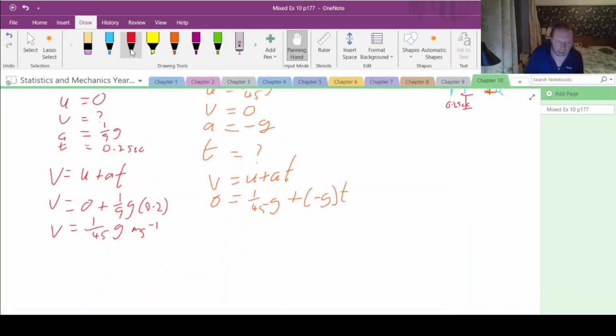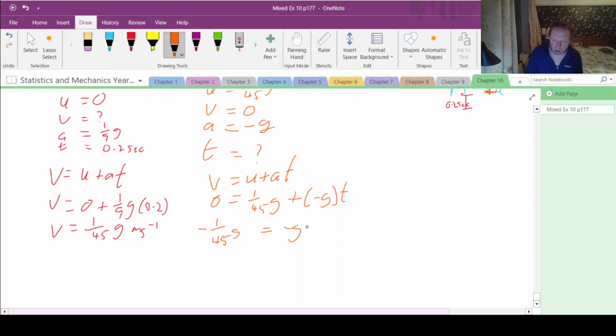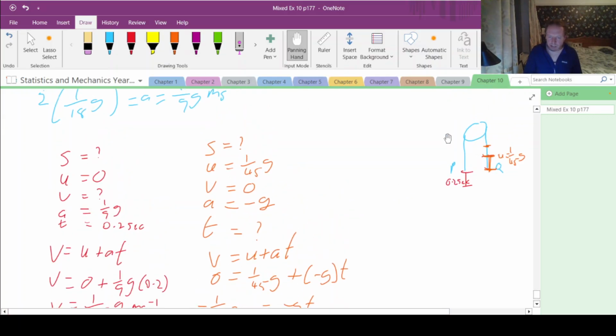Okay, and so as I come across here, it's going to be 0 minus 1 over 45 g is equal to minus g t, and so 1 over 45 seconds is equal to t. Okay, so now that I've got that, I have got my time in this section.